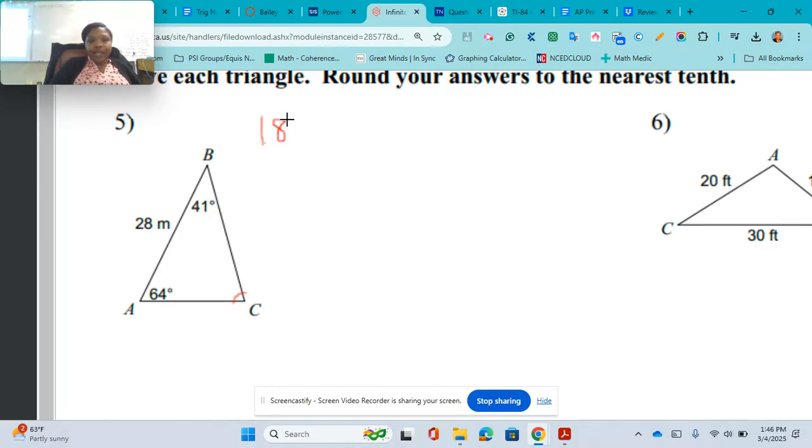So I can do 180 minus 41. I have it on the podium as well if you don't have a copy. Minus 64. And that would give me my leftover angle, which is 75 degrees.